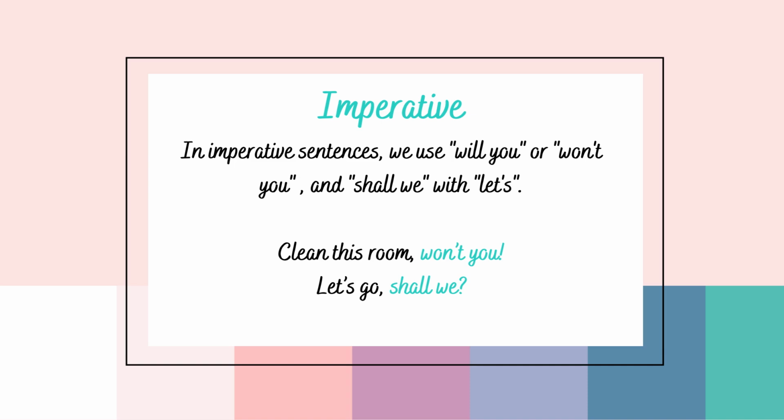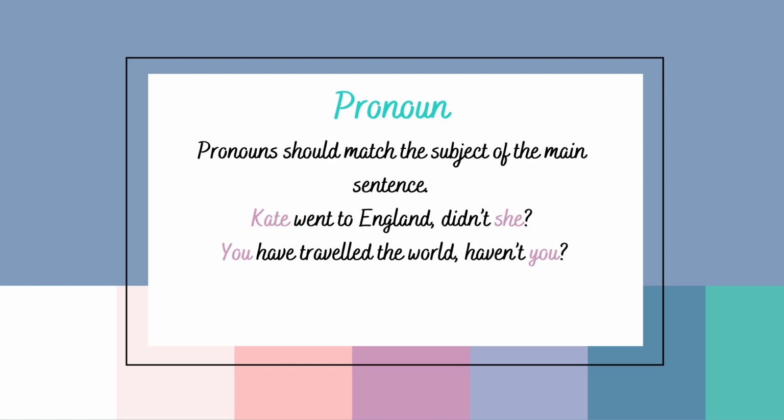Or be quiet, won't you? Sit down, won't you? And if we see let's, we have to put shall. Let's go, shall we? In this case, we use we because when you say let's go, you're talking about yourself and other people.